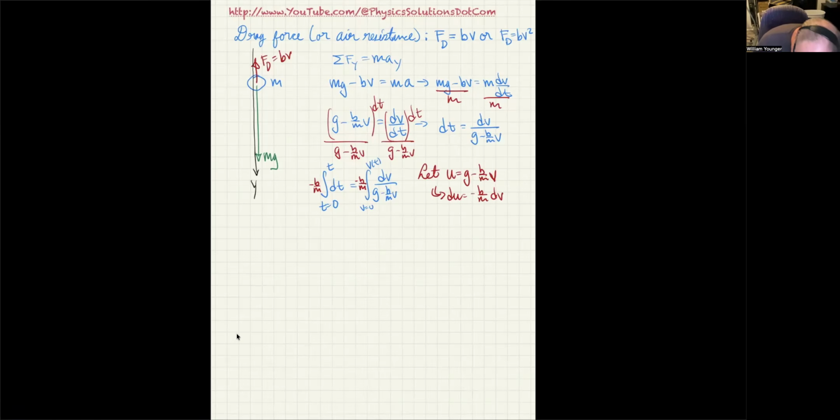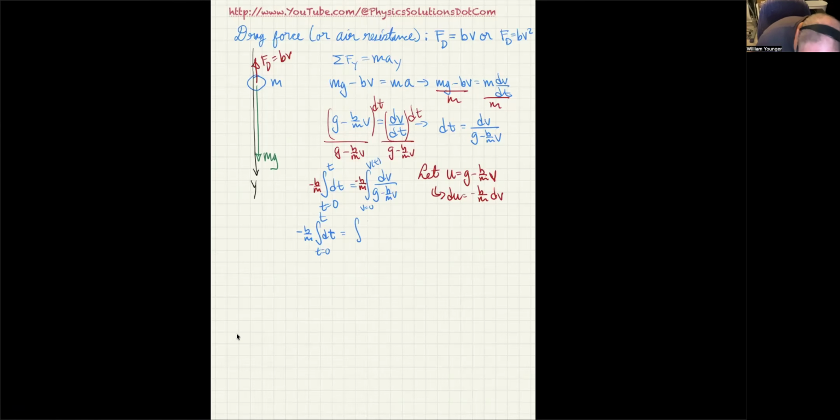Now that I've done that, I've got negative b over m times the integral of dt from t equals 0 to t. And on the right-hand side, I have the integral of du over u, because remember that negative b over m times dv gave me du.